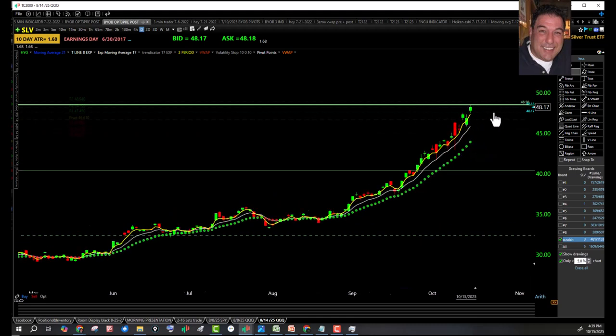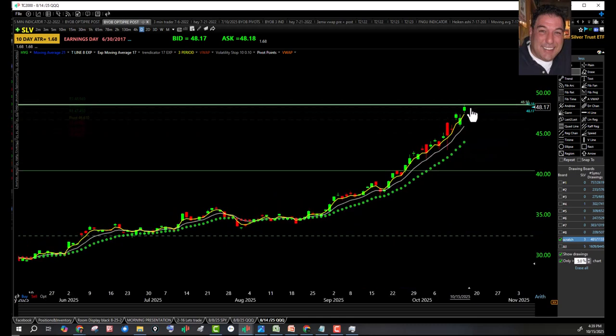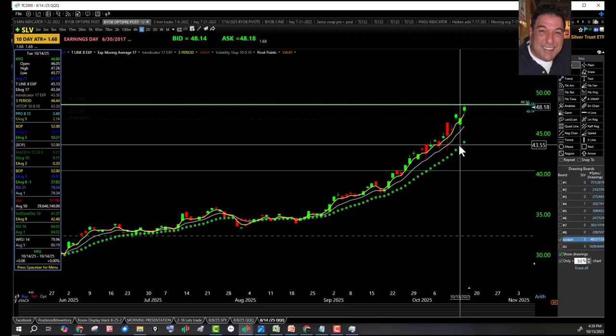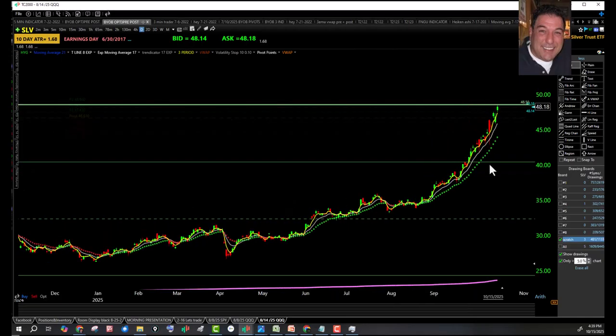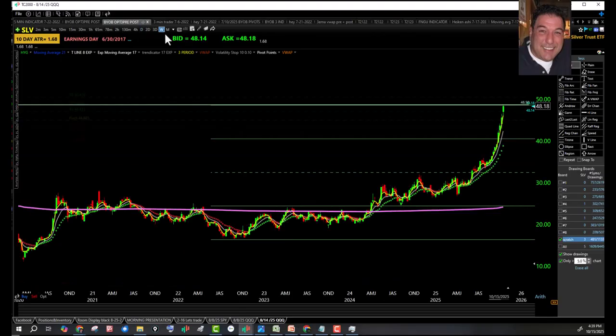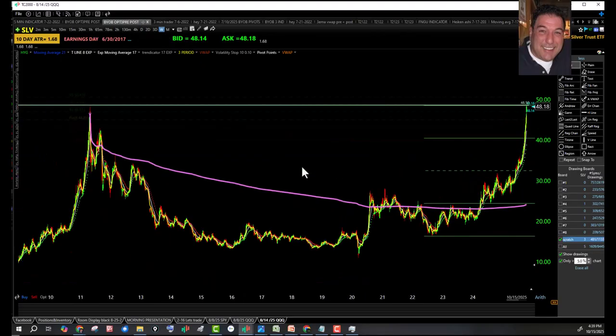Silver. Tackling the all-time high up here, okay? The high today, let me put the crosshairs on it. This high is 48.41. Let's go look at the all-time high. And that was like 12 weeks ago.